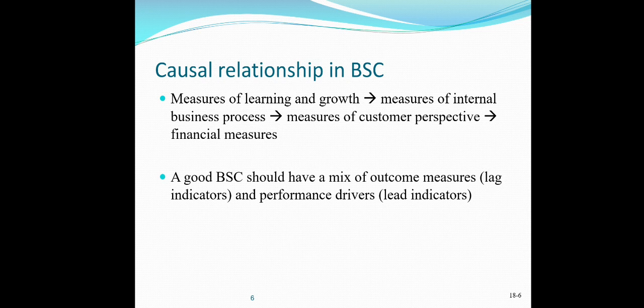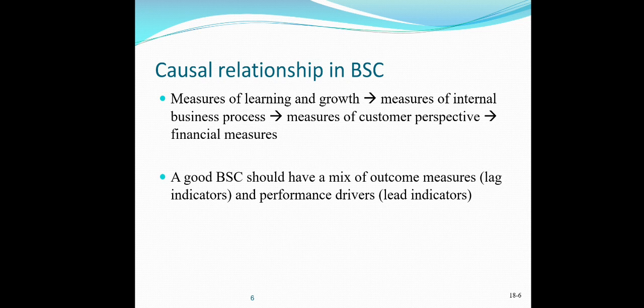In balanced scorecard, the logic is like this. Measures of learning and growth are related to measures of internal business process, which are related to measures of customer perspective, which are related to financial measures. So the thing is like this.